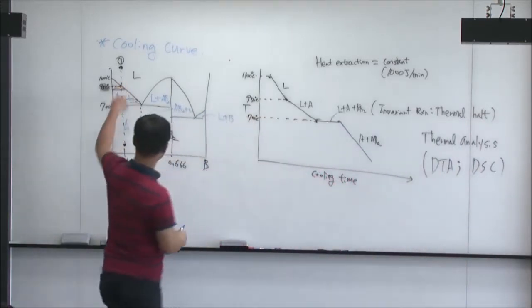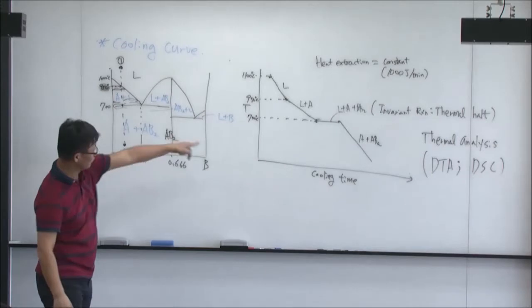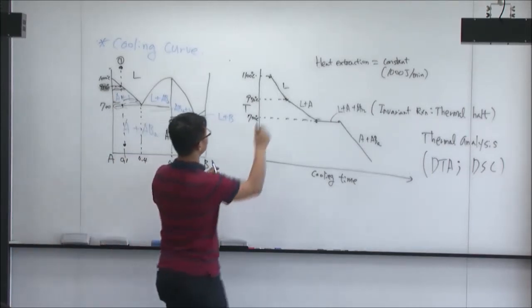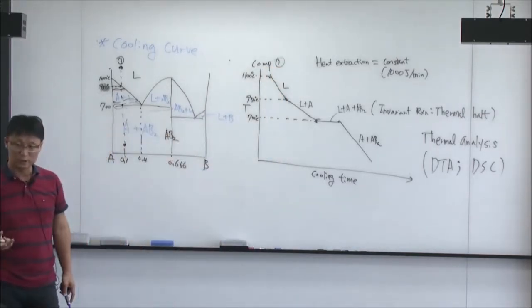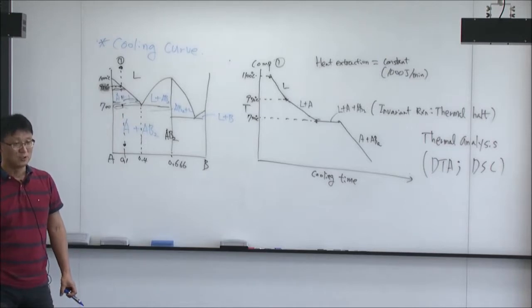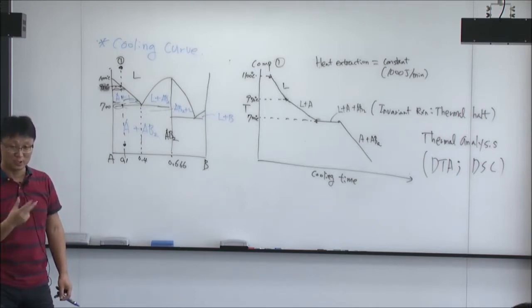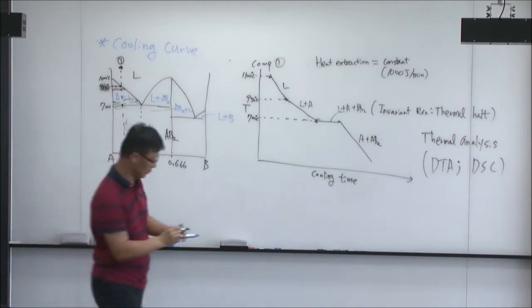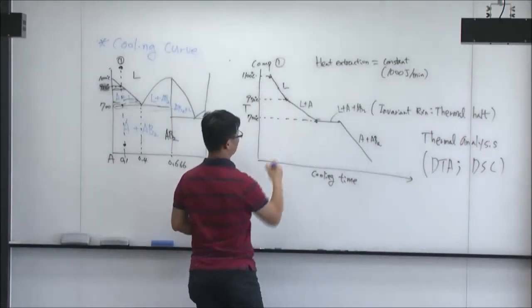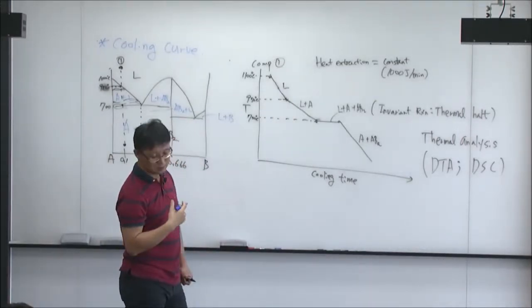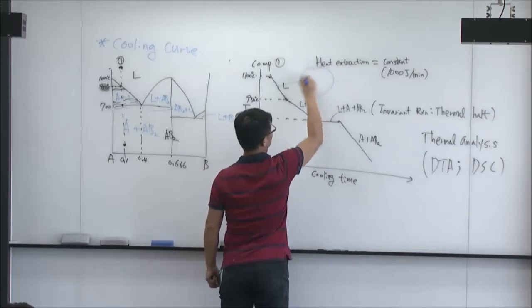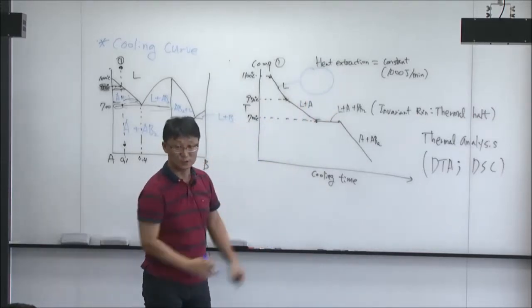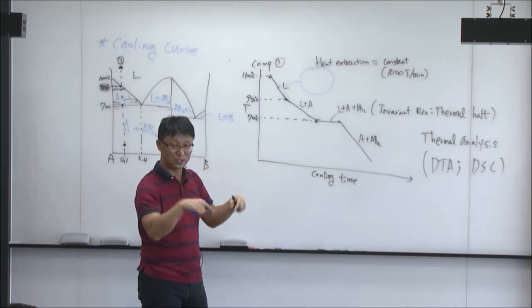So when I ask you to draw the cooling curve of composition number 1, you have to draw it in this way. And if I ask you to also put in a schematic microstructure of your material, you have to add this kind of information. If I ask what the microstructure is at 1000 degrees Celsius, typically under the microscope it's a circle; nowadays the picture is taken as a square.